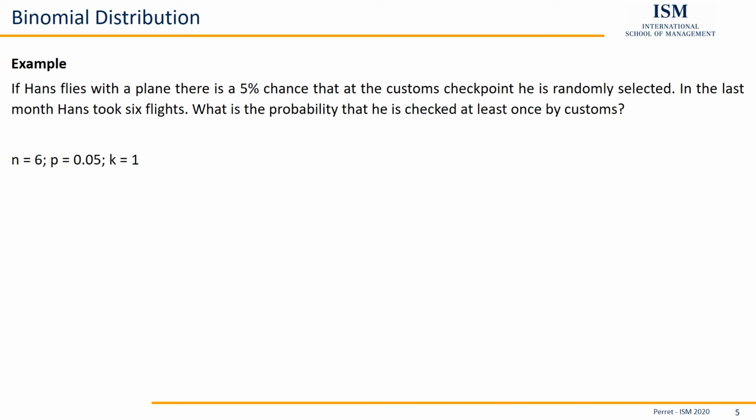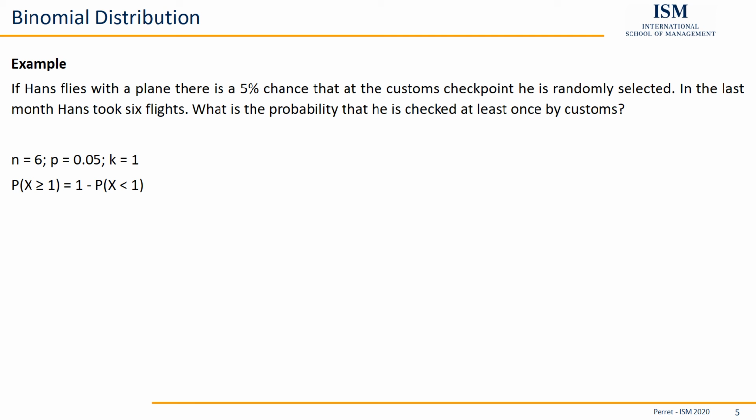So again, we have the same numbers as before, except for the k, which here is 1. And we are asked about the probability of x being larger or equal to 1. As I said, this would mean we have to calculate the probability equal to 1, equal to 2, equal to 3, equal to 4, equal to 5, equal to 6. So we would have a lot of work to do.